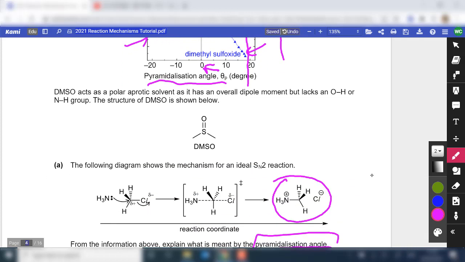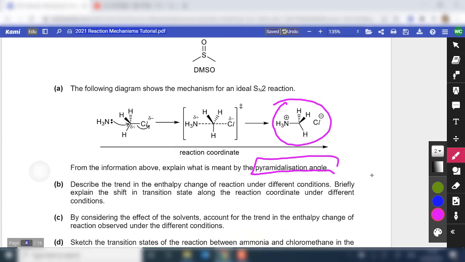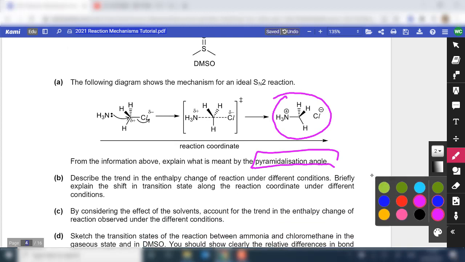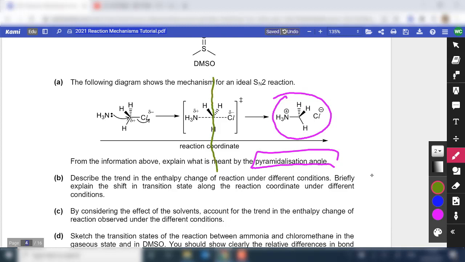Now how can the middle part be 0 degrees? Well, you can look at this as a plane. This is called a trigonal planar portion in the middle, a CH3 trigonal planar portion.